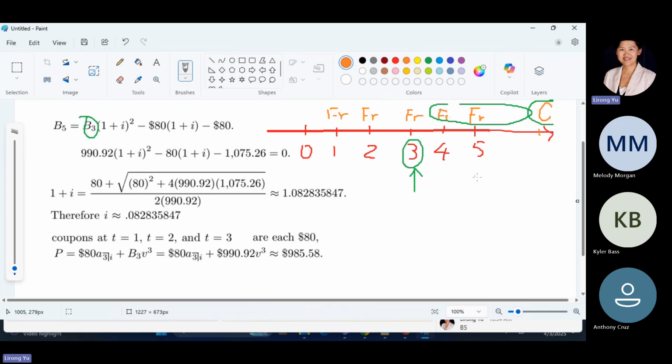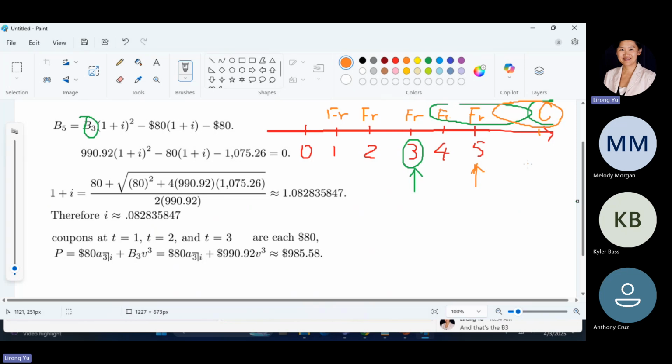B5 is calculated right after the 5th payment is paid. All the future cash flow and the final C, that's B5. So what would be the difference between B3 and B5? You take your value at B3, you let it roll for 2 time periods.